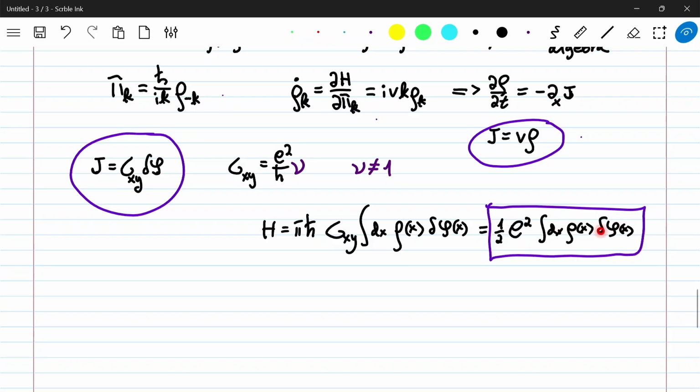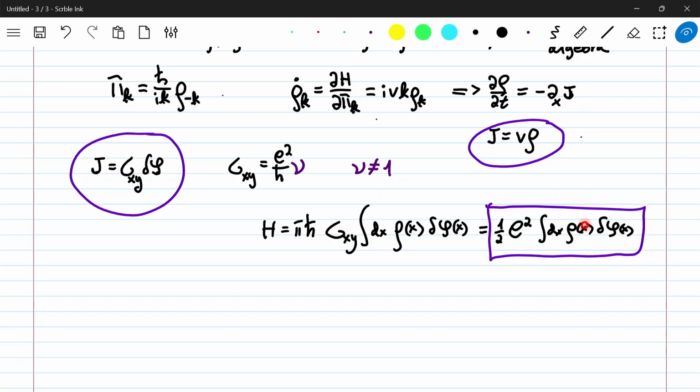So the philosophy is that I'm writing here a collective Hamiltonian, and I want to convert it back to something that depends only on the variable rho of x, where rho x is some kind of a density operator. Okay.